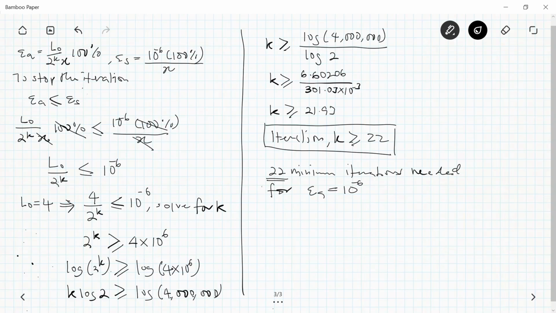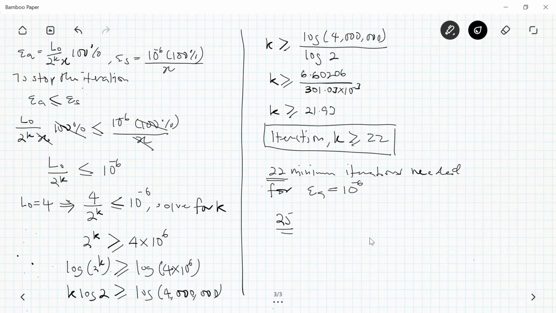The actual iteration for this case is 25 iterations. So this is how you basically estimate the number of iterations needed for this kind of problem.